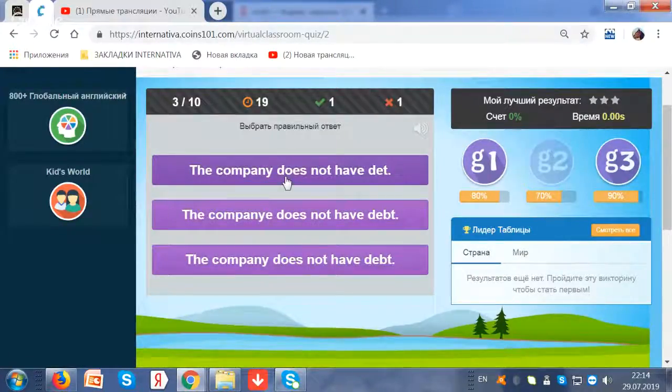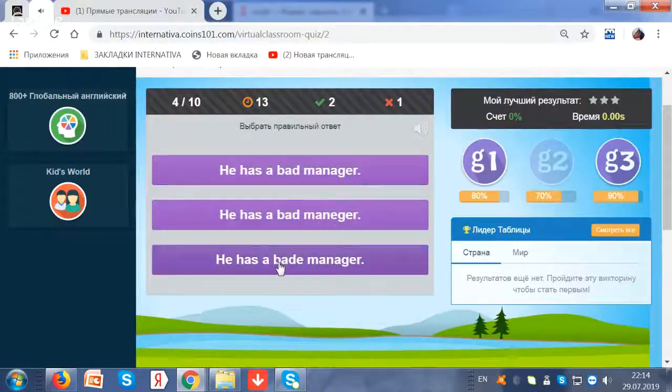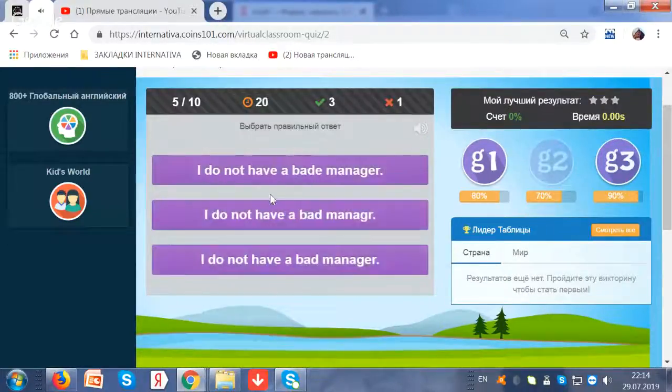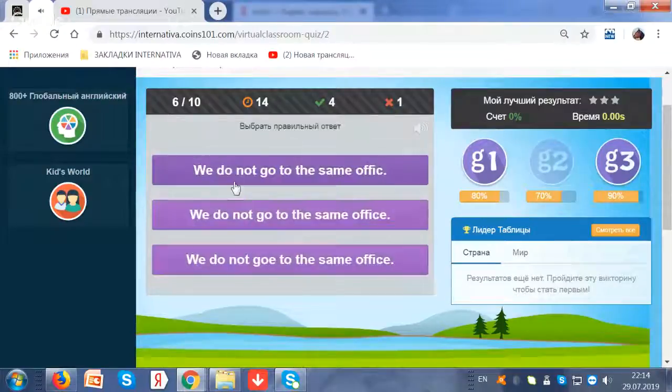The company does not have debt. He has a bad manager. I do not have a bad manager. We do not go to the same office.